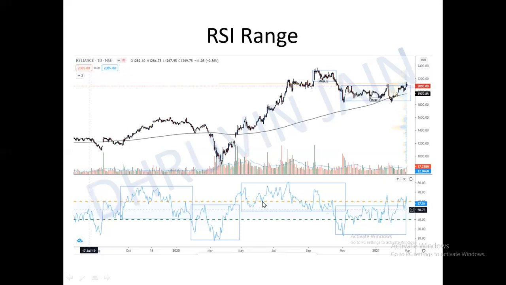RSI is moving in a bullish region of 80-50, a super bullish region, where you can see many such great examples where 60 is acting as a great support, 50 is acting as a great support. Even look at this, the 55 zone is acting as a great support. This can be somewhat like the 65 region acting as a great support.